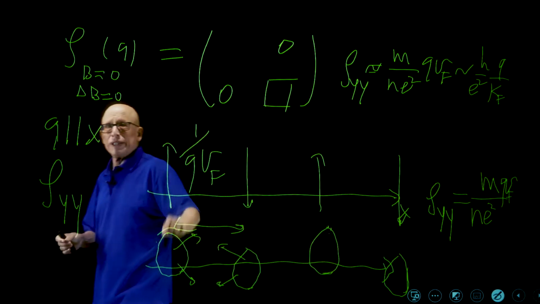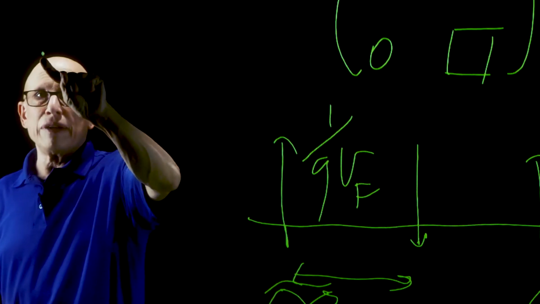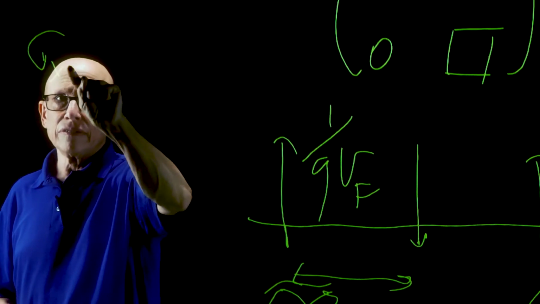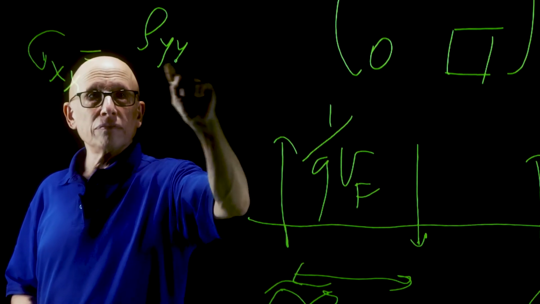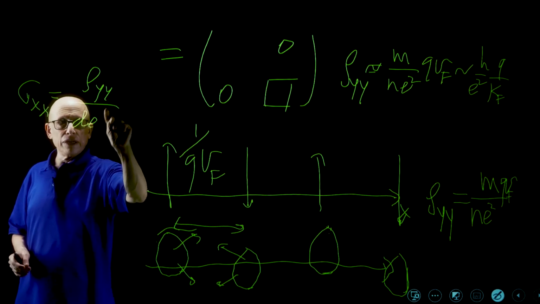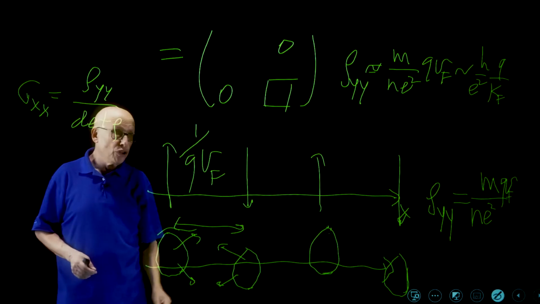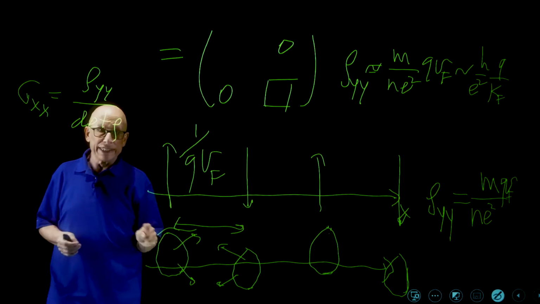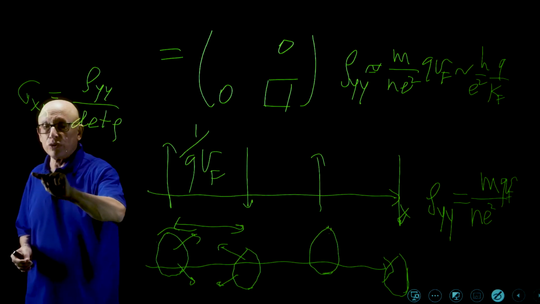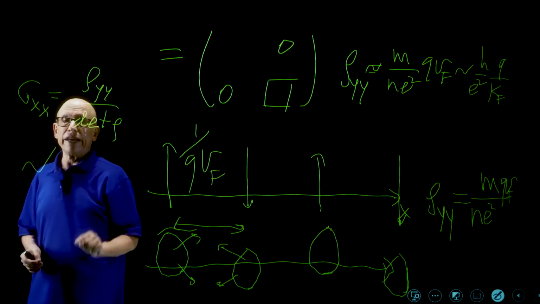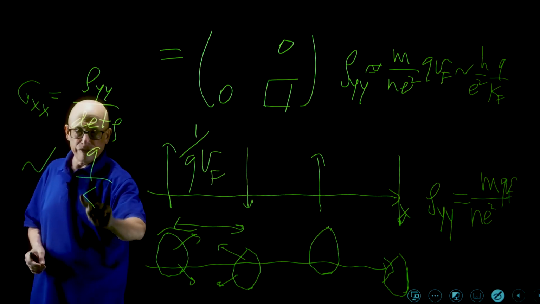Let's now have some space on this part of the board and write that sigma xx is rho yy divided by the determinant of rho. And the determinant of rho is dominated by the Hall resistivity that doesn't have any q dependence, leading to sigma xx being proportional to q over k_F.